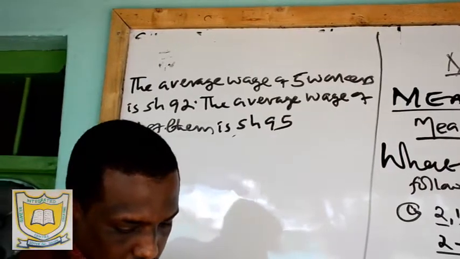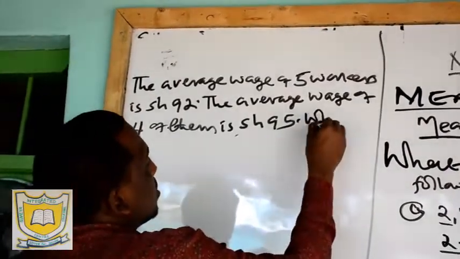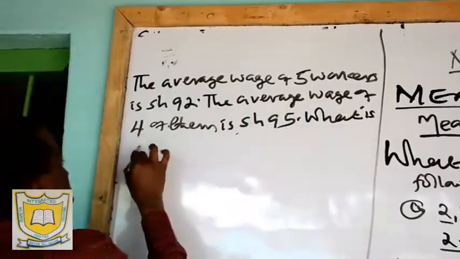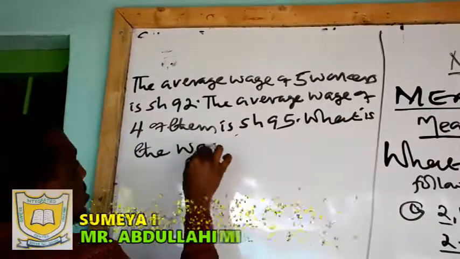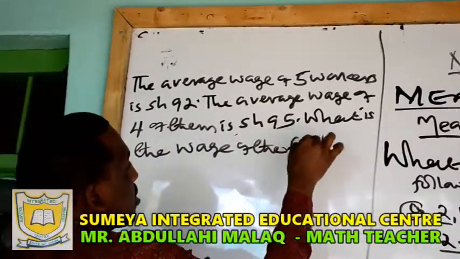Then the question is asking now, what is the wage of the 5th worker?